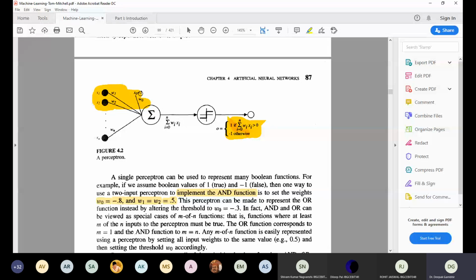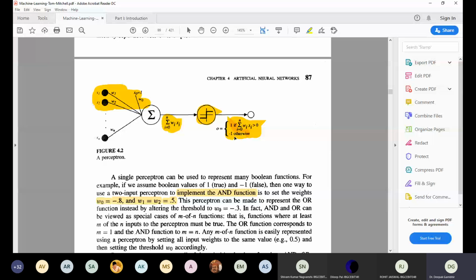So W0 is set to 0.8, W1 and W2 are set to 0.5. When you compute the output as summation Wi xi, and pass it to the step function, the output is 1 when the summation Wi xi is more than 0.